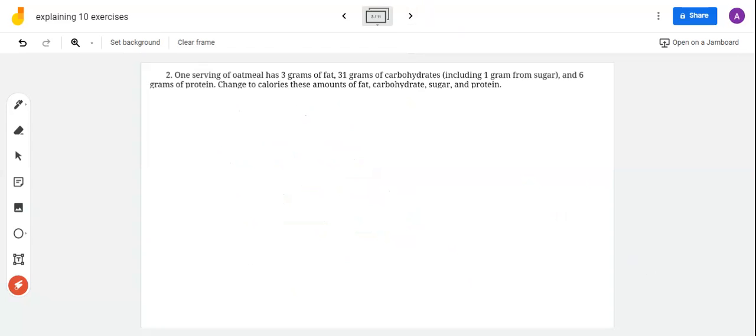For that, we are going to use a completely different thing, the calories in grams. So let me bring that into here for you.